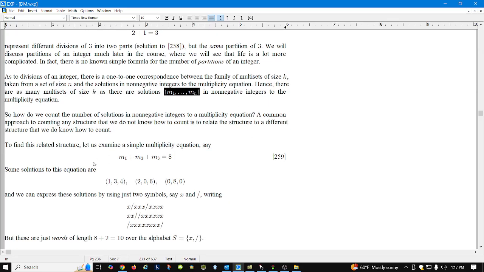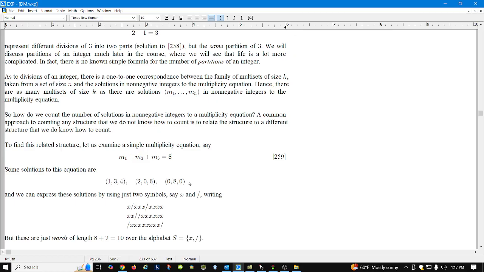And in this case, to see what that structure might be, it's a good idea to start with a simple example. So here's a very simple multiset equation. There are 3 parts, and they have to add up to 8. So here are some solutions.